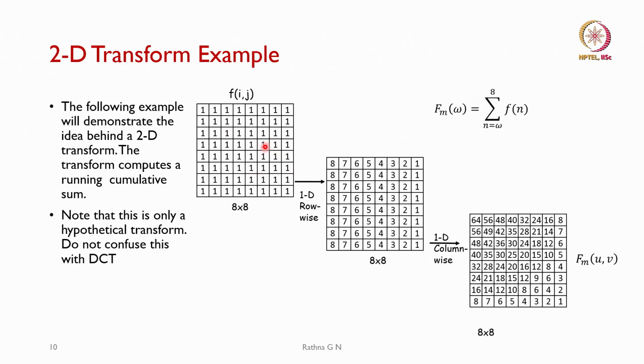First we do the 1D row wise transform. The function we are computing is F m of w, mimicking our DCT, where n varies from 0 to 8, with the summation of f of n.